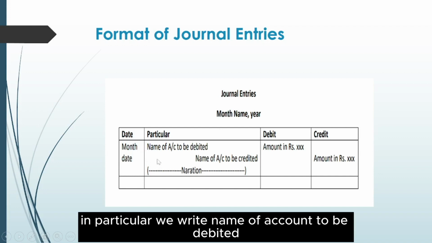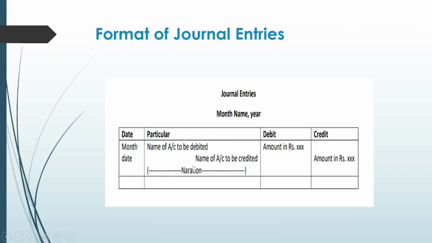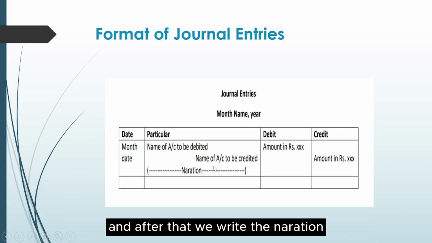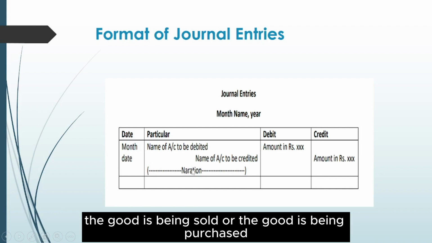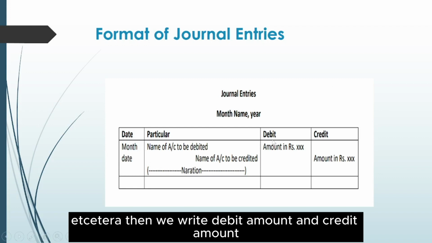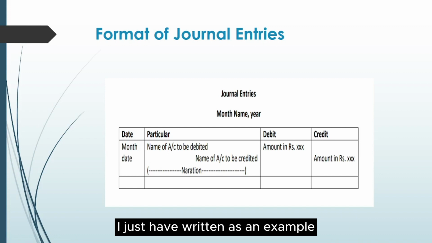In particular, we write name of account to be debited. Then in the next line, with some space, we write name of account to be credited. And after that, we write a narration. For example, the good is being sold or the good is being purchased, etc. Then we write debit amount and credit amount. Amount can be in rupees, in dollar, in any currency. I just have written as an example.